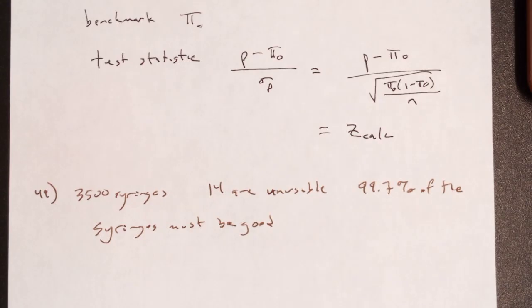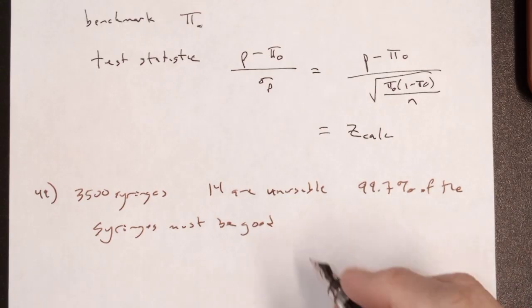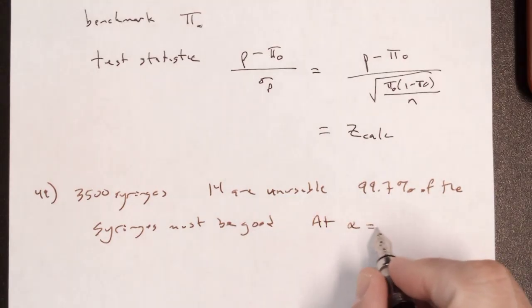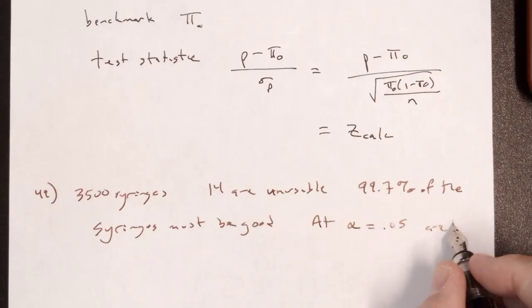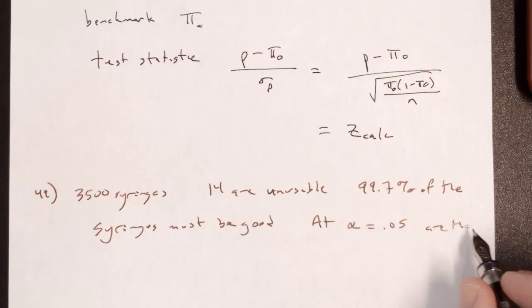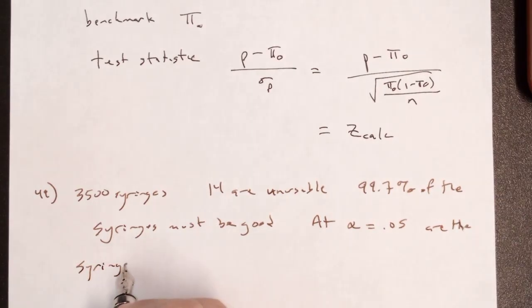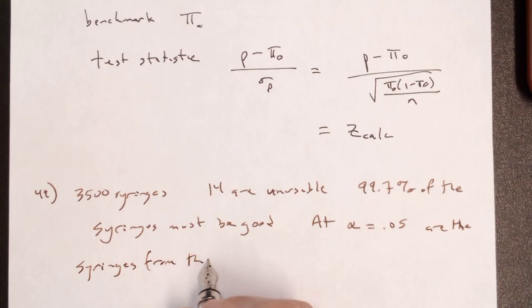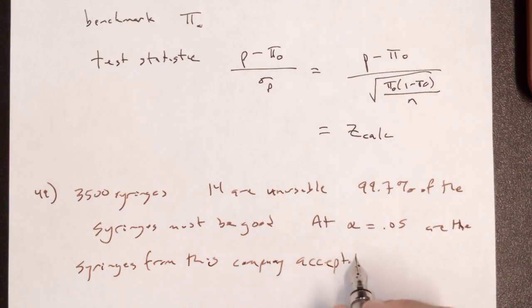Let's pick a significance level. At alpha equals 0.05.